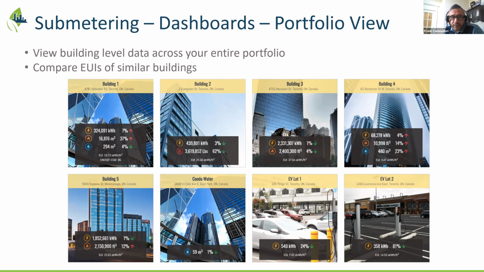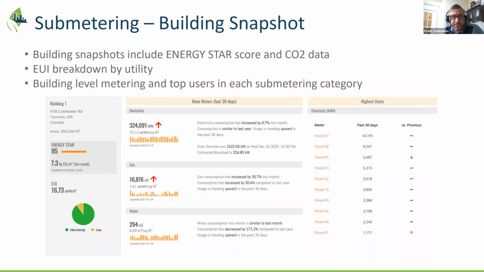Again, this is kind of a portfolio view. And then this is another sample where it's a building snapshot. So that was a portfolio view, but this is a good snapshot of what a building is doing. The good thing about this one is you can get things like Energy Star scores presented right in the snapshot. CO2, again, talking about what we feel is one of the main impetuses for this webinar, which is emission reduction. So you can get that breakdown over here.